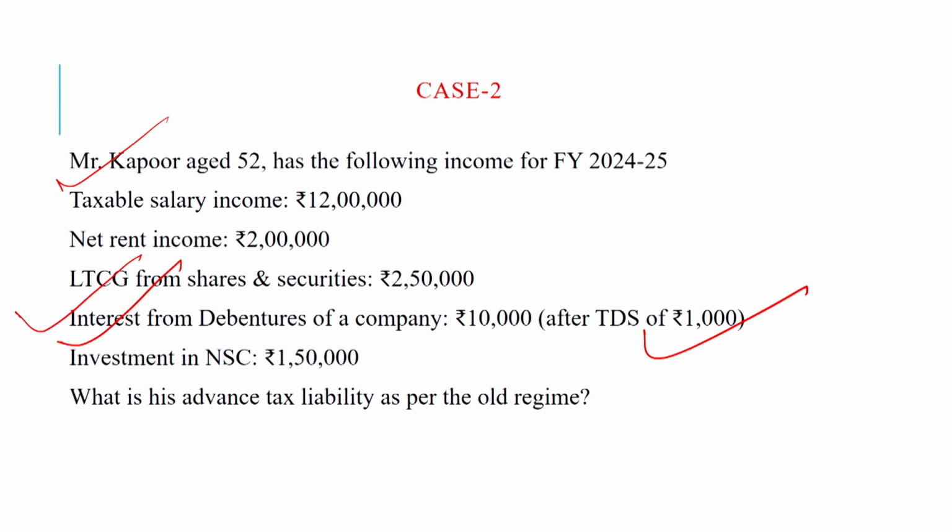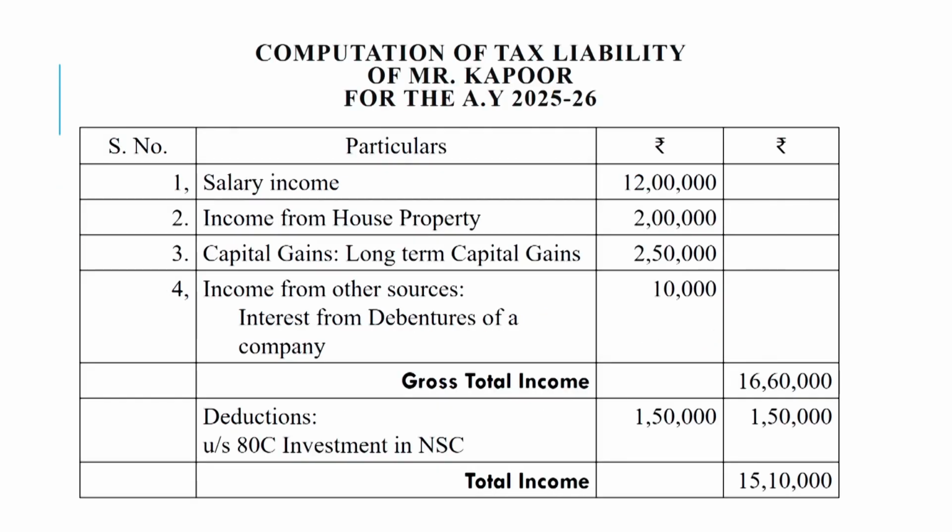So dear students, with the help of this slide, I will discuss and explain: first, salary income 12 lakh; second, income from house property 2 lakhs; capital gain long term 2 lakh 50,000; income from other sources, from the debenture of a company, 10,000. Total amount included is 16 lakh 60,000.